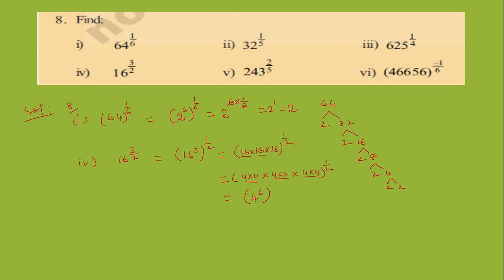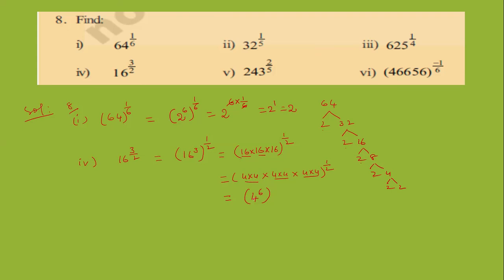Now you may observe here, again 16 is rewritten as 4 into 4. One 16 is taken as 4 into 4. Again one more 16 is there. You may write for that 4 into 4, and you may write the last one also 4 into 4, to the power of 1 by 2 without any change.